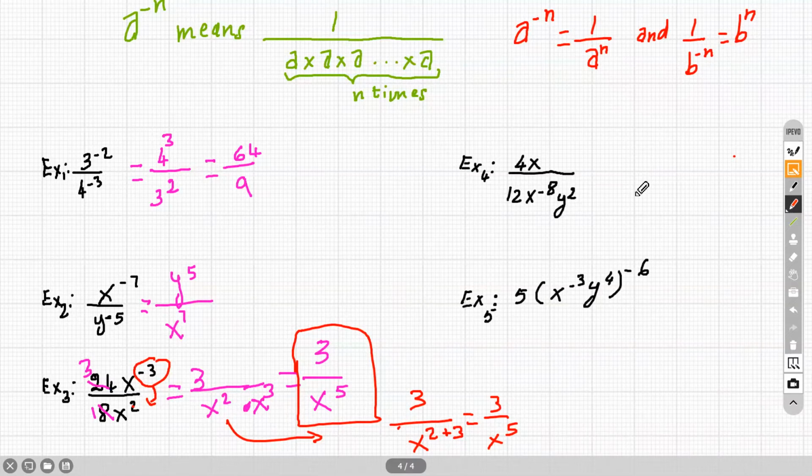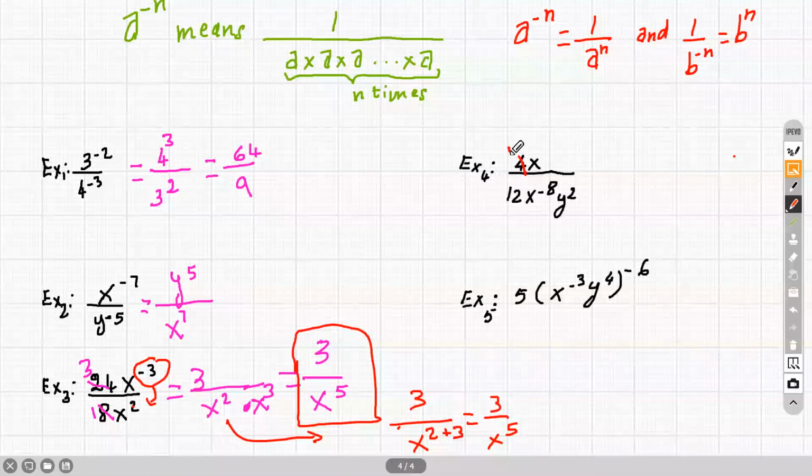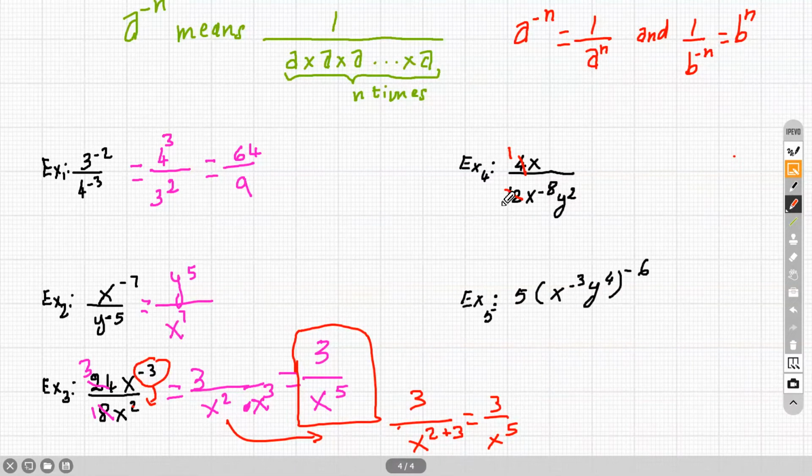Now let's look at example number 4. First we can simplify the number. 4 goes into 4 one time, 4 goes into 12 three times. Now to simplify the x right here, I want to get rid of this negative 8.